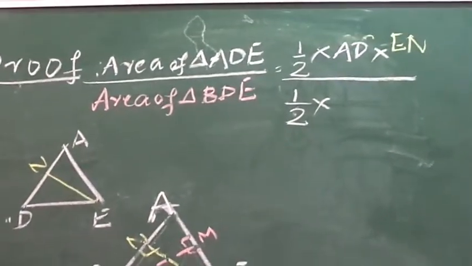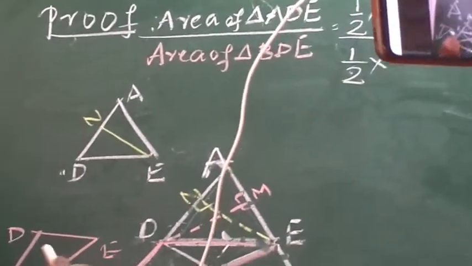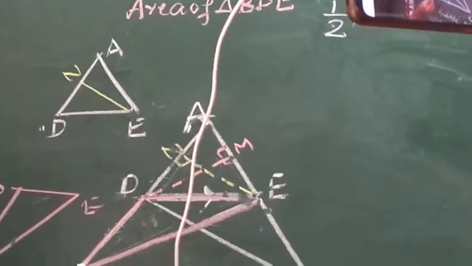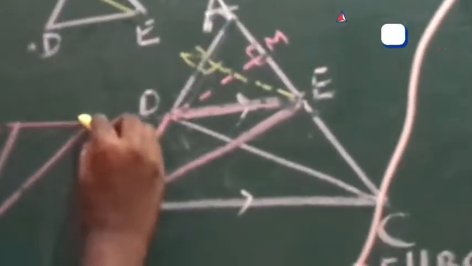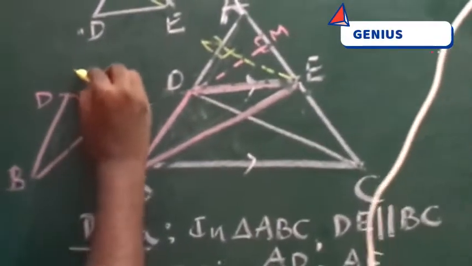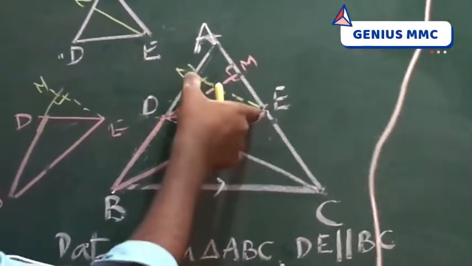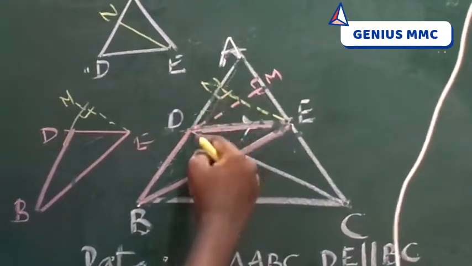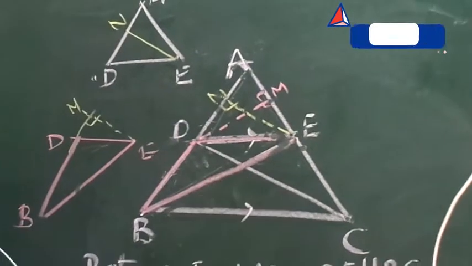Here in this triangle, the base is BD and the height is EN, drawn from E, should be produced. EN is the height. So for both the triangles, the height is common.